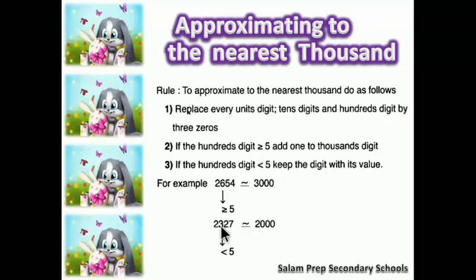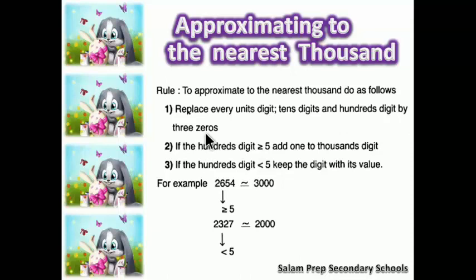So 2,327 is approximated to the nearest thousand to 2,000. Please don't forget this rule. To approximate to the nearest thousand, do as follows. First, replace every units digit, tens digit, and hundreds digit by 3 zeros.